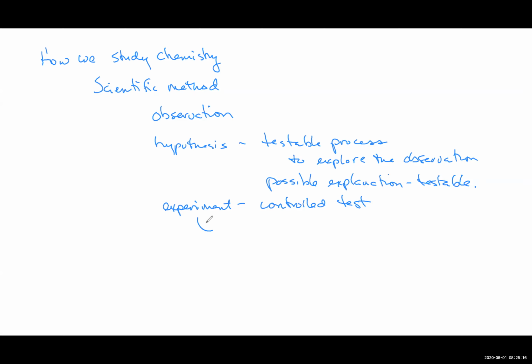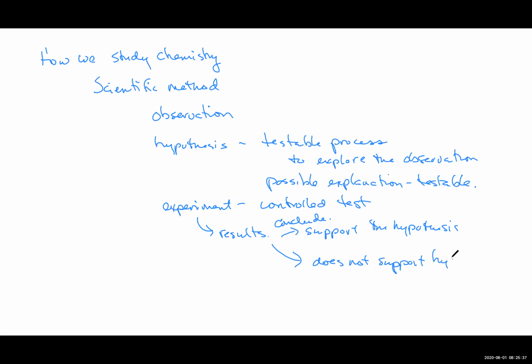After you do your experiment, you're going to get some results. Now, those results will either support the hypothesis, right? You're going to get results, and from the results you would conclude that they support the hypothesis or that it does not. If it does not support the hypothesis, you would go back up to this step again.